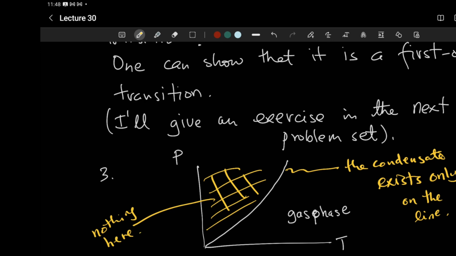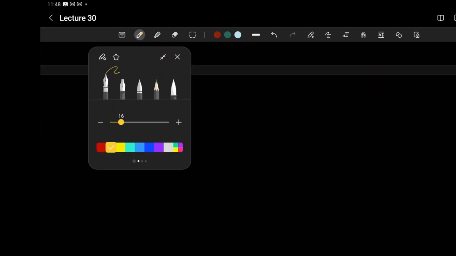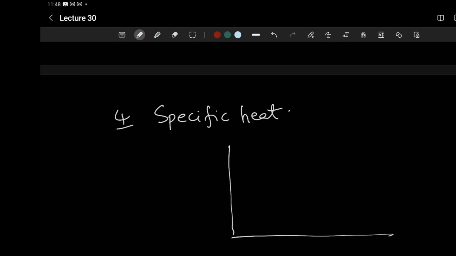I want to draw the next picture, which again are things we can prove. Let me draw one more picture and then write a bunch of formulae for you. So let's do specific heat versus temperature.